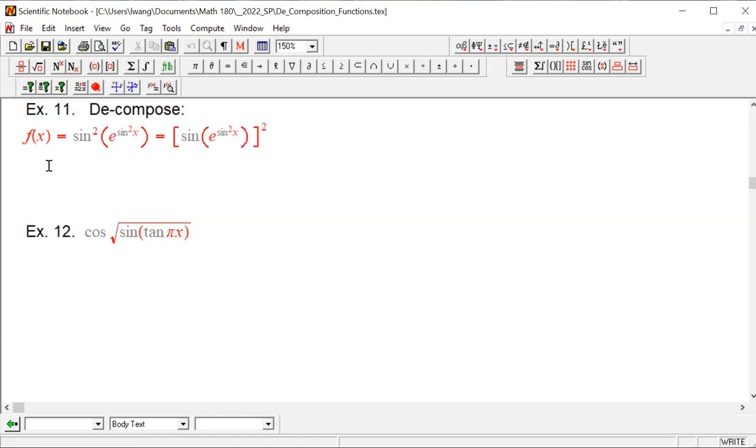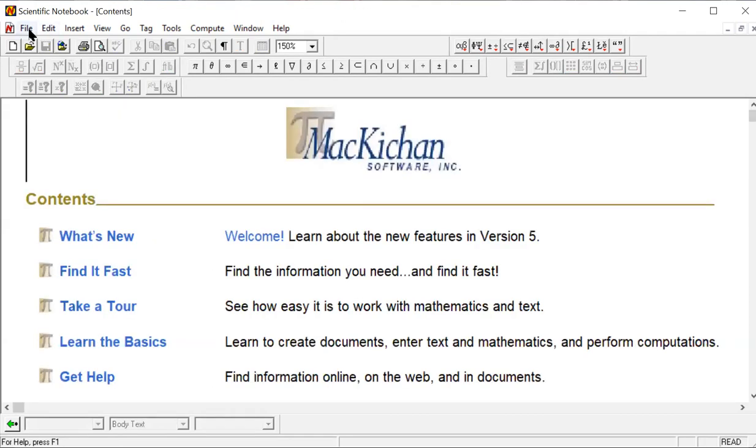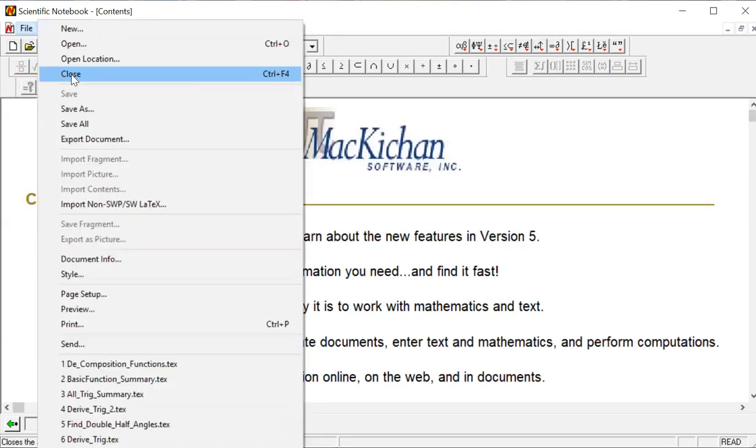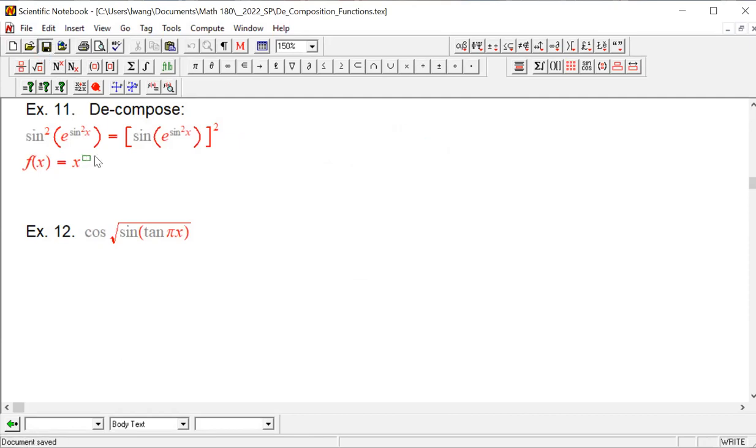So for the first layer you're going to deal with, wait, I'm going to remove this f, I'm using the f for something else. From outside in, the first layer is going to be x squared.